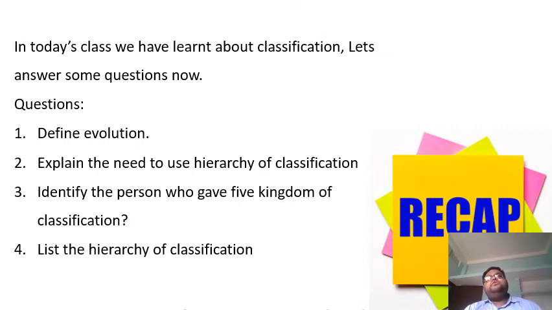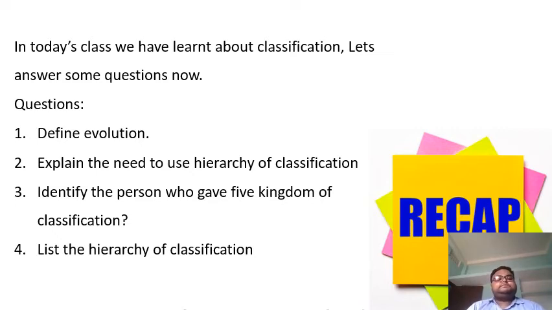We need to use the hierarchy of classification because in a broader category there will be a lot more organisms. So we can divide animals on their specific characteristics by using the hierarchy of classification. Okay, students, is it correct?